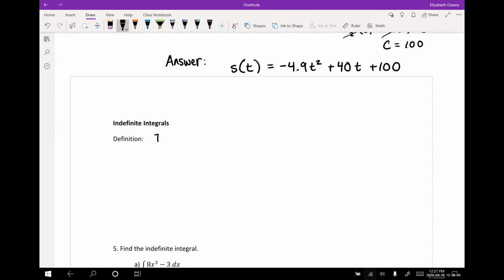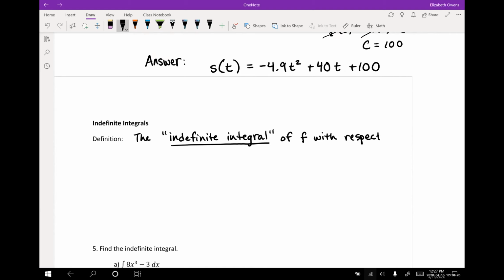We say that the indefinite integral of f with respect to x. Okay, that's the full phrase there. Indefinite integral of f with respect to x.